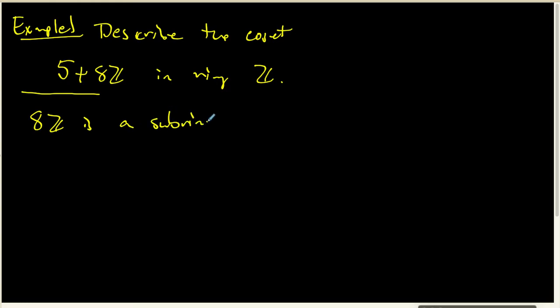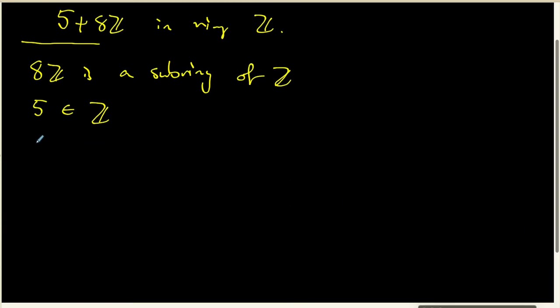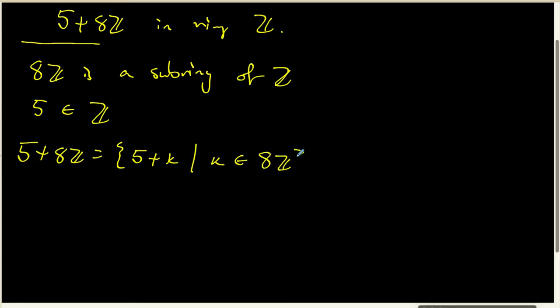In fact, it is actually an ideal of Z. And of course, 5 is an element of Z. So what we've got is that 5 plus 8Z is going to be the set of things that look like 5 plus k, where that k is pulled from the set 8 times Z.